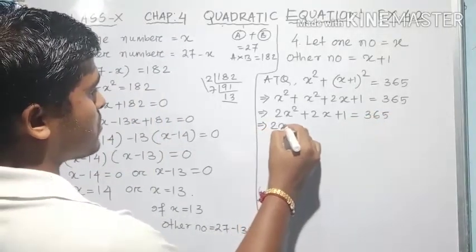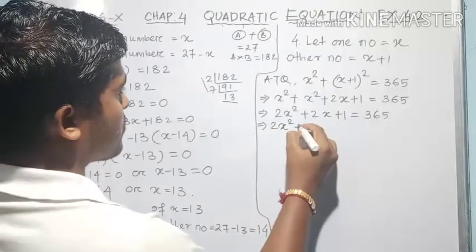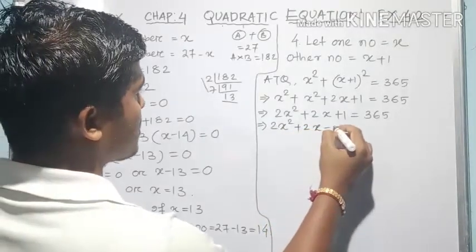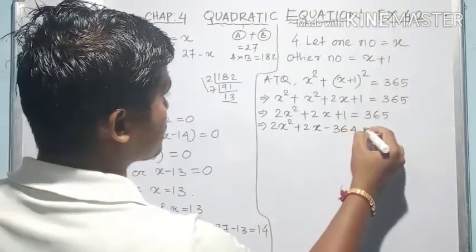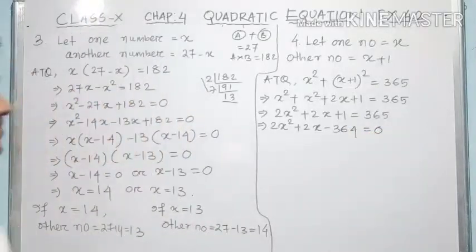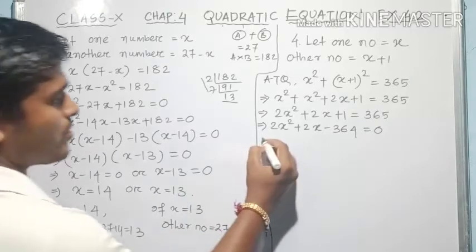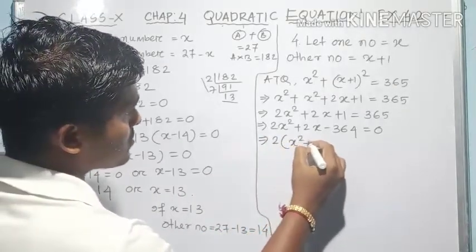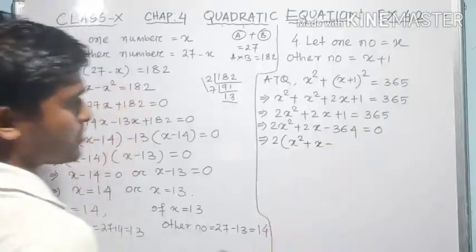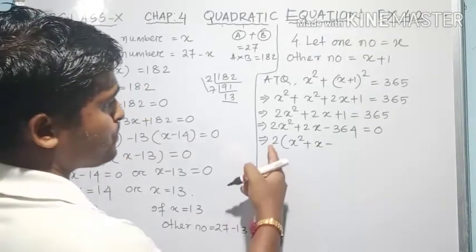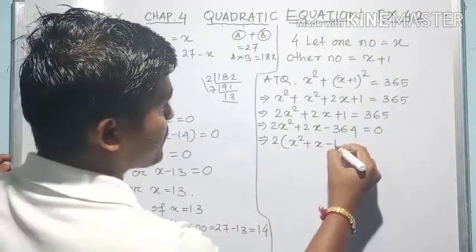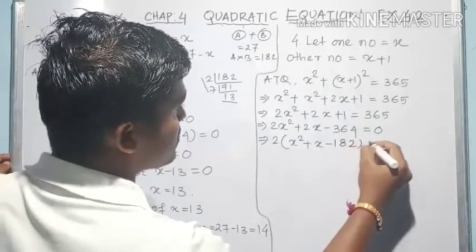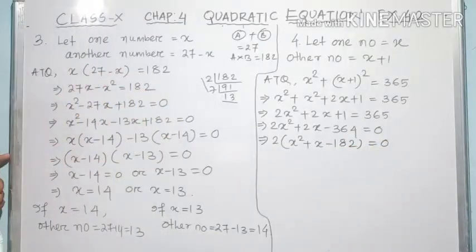This implies that 2x square plus 2x minus 364 is equal to 0. If you take 2 common, then here it will be x square plus x minus 182 is equal to 0.